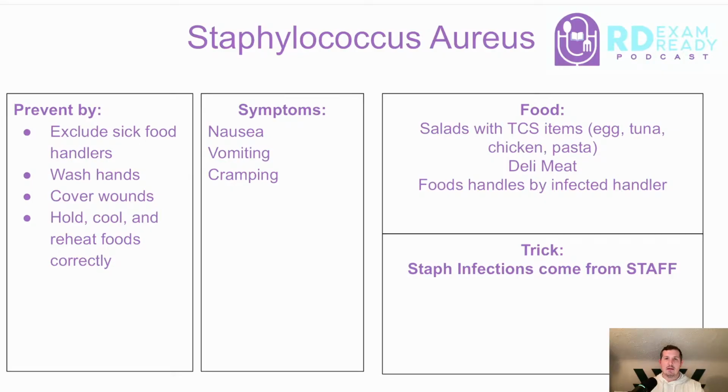Deli meat, similar situation. You're not usually cooking deli meat, are you? And then foods handled by an infected food handler, that's what's going to happen there. Trick: staph infections come from staph. That's my way of memorizing that this is going to be transferred mostly from people who already have the infection.